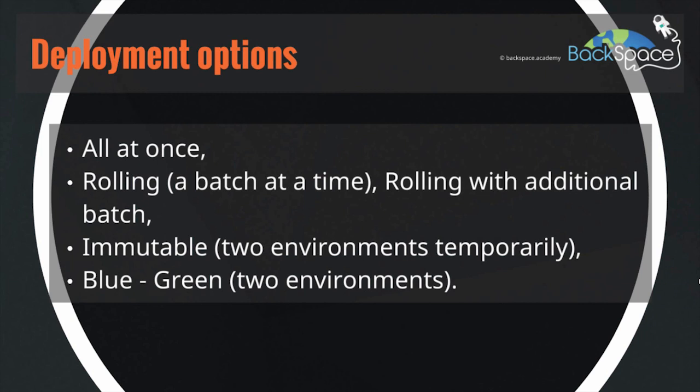And finally, we've got blue-green deployments, and they will have 2 environments running your application under the one Elastic Beanstalk application. So you will have a blue environment and a green environment. One of those could be a development environment, and the other one could be your production environment. So when your development environment is ready to be deployed, all you simply need to do is switch over from one environment to the other.